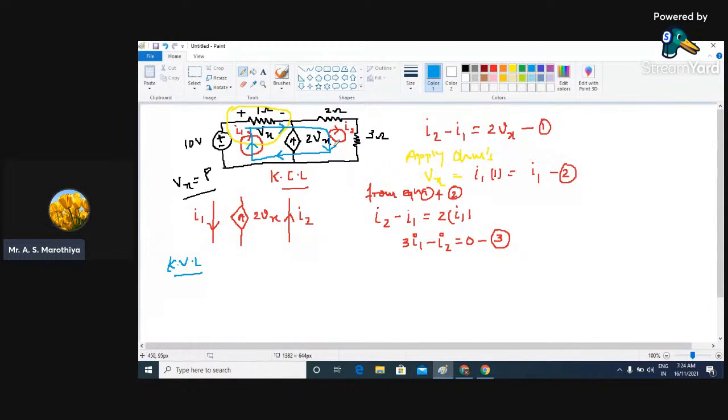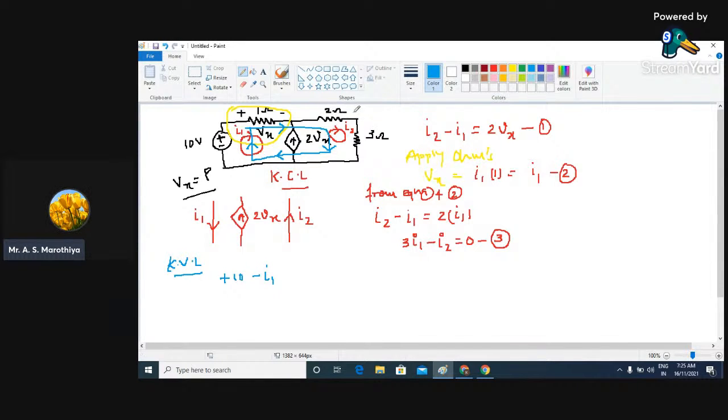Whenever I experience a voltage drop, I take that as negative, and when we experience a voltage rise, I take that as positive. So when we move through this 10 volt active element, we experience a voltage rise and the value is plus 10 volt. Then when we move through this 1 ohm resistor, we experience a drop and the value is minus I1 into 1, that is minus I1.